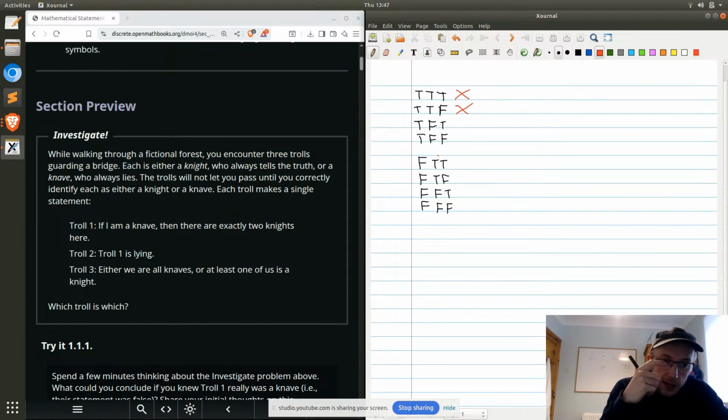And troll 3 is declaring either we are all liars or at least one of us is a knight. I really do think it comes down to this, like this is very significant.